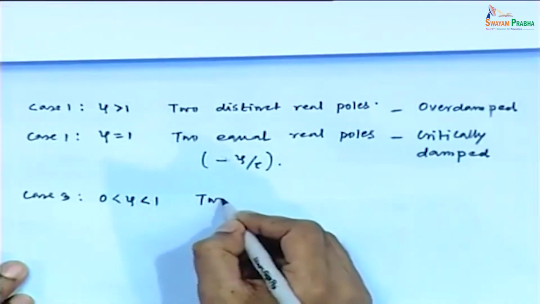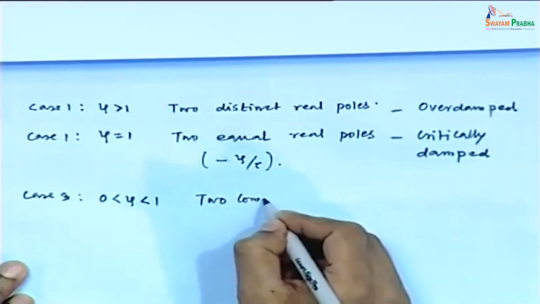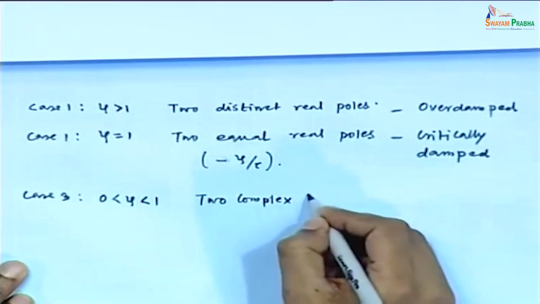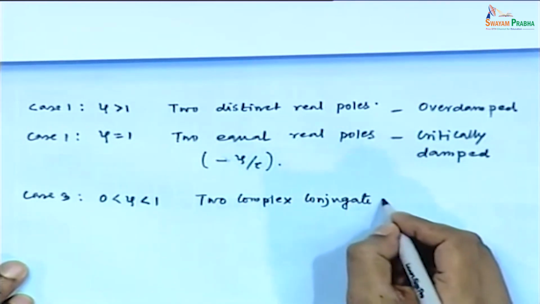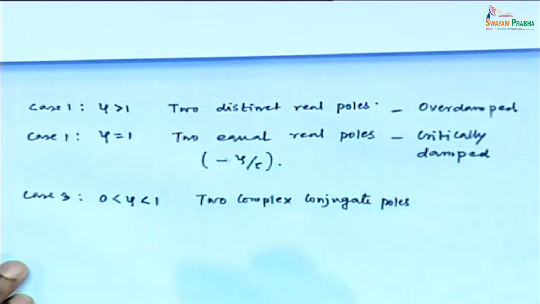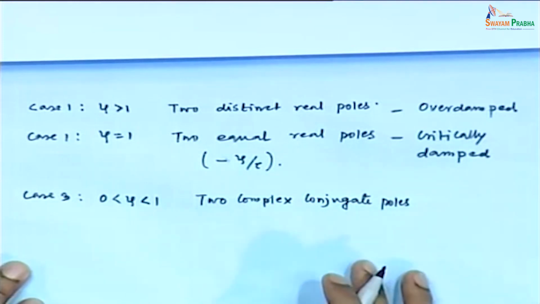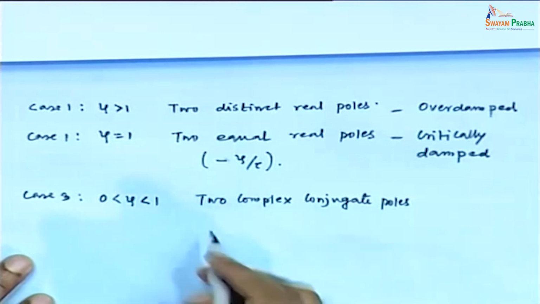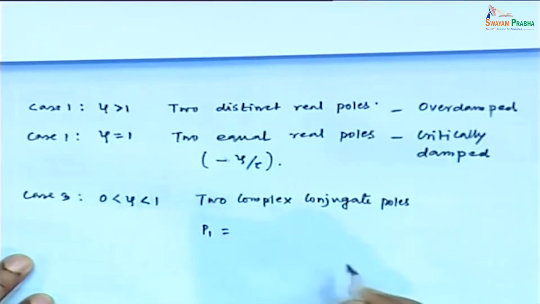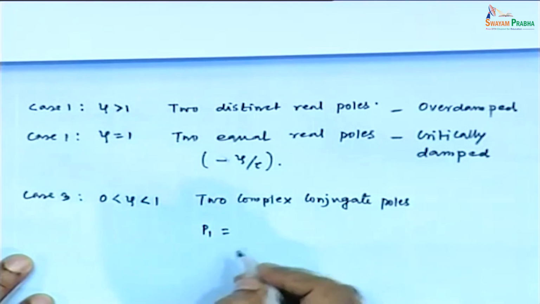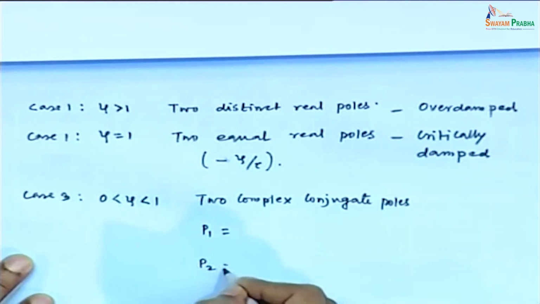We get two complex conjugate poles, P 1 and P 2.